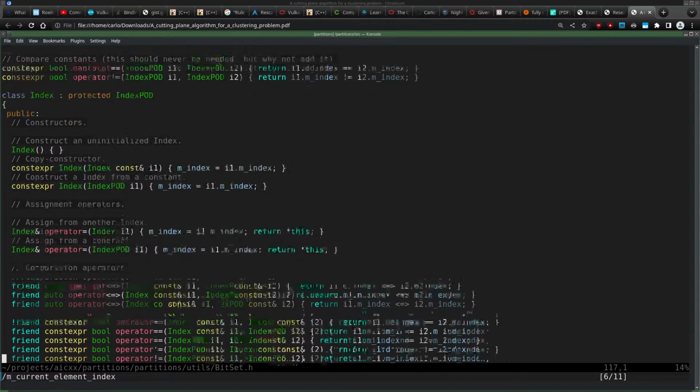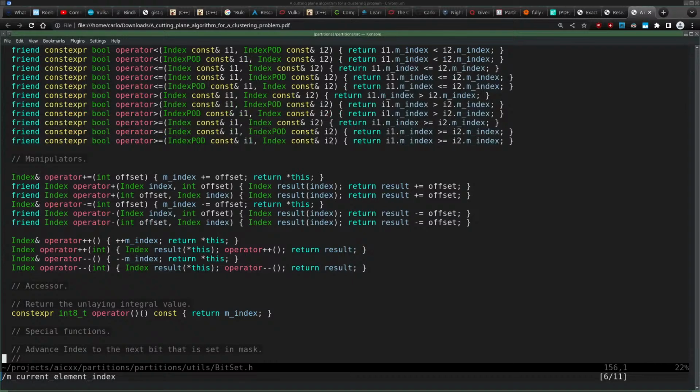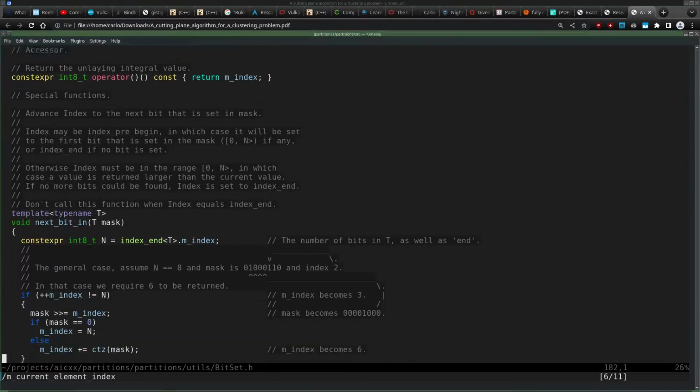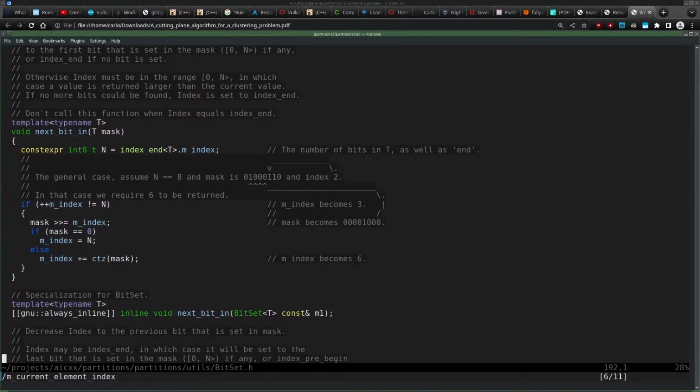I'm really confused about how this came to be. I really want to look at the old code. This is what I want to do. Call next bit.